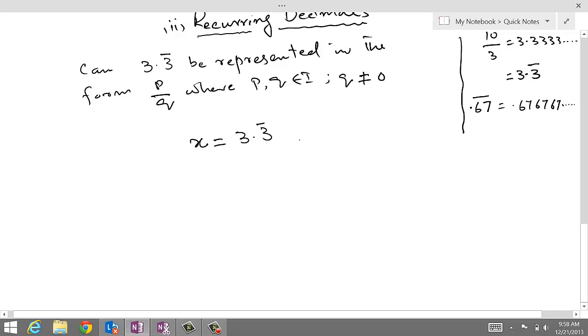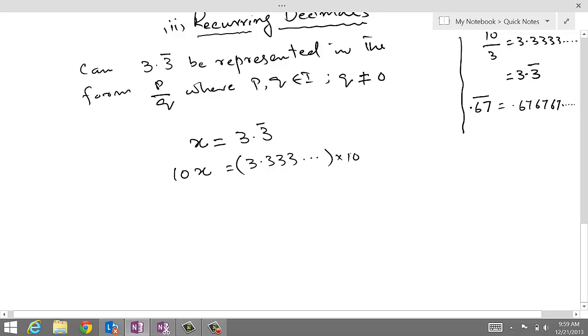If a group of 2 digits is repeating, we multiply by 100, and if a group of 3 digits is repeating, we multiply by 1000. In this case, let's multiply both sides by 10, so 10x is equal to 3.333 and so on.